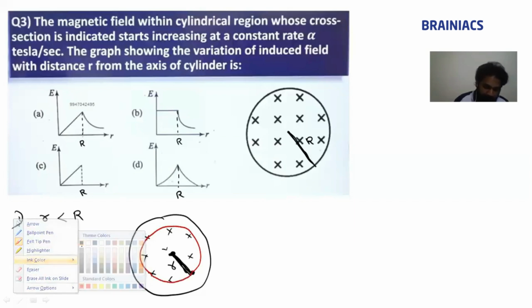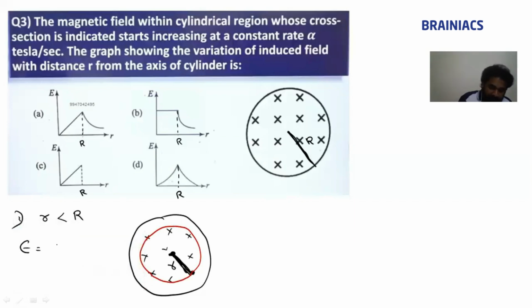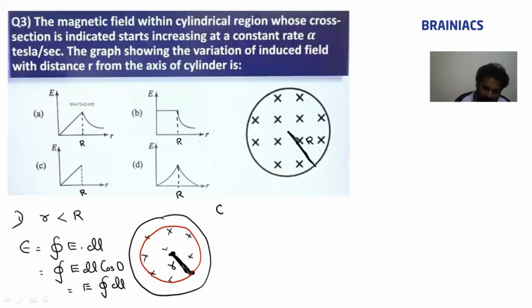If so, then EMF is what? Closed line integral of E dot dl. Now here, this is closed line integral of E dl cos 0, or we can say E, if we take outside, is integral of dl. So EMF will be equal to E into 2 pi r.